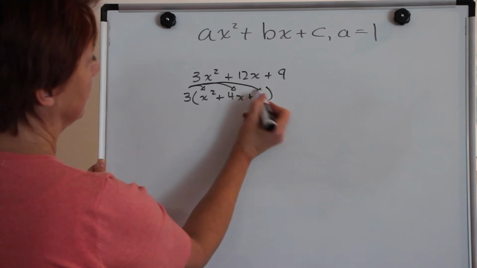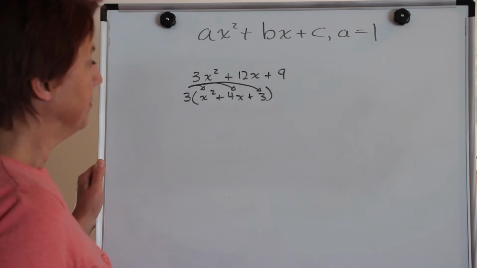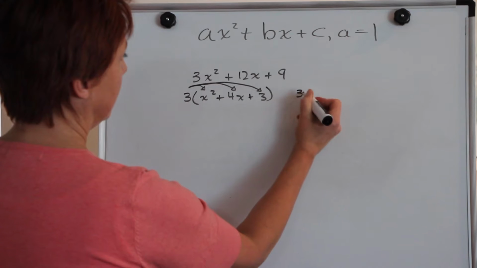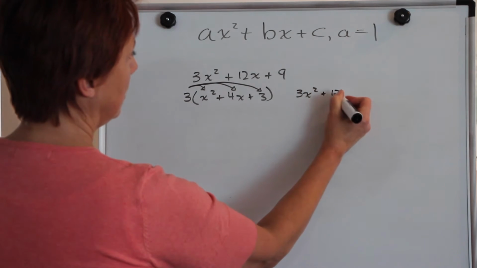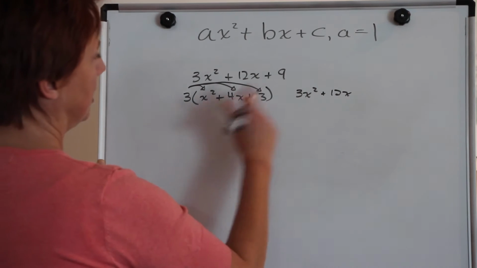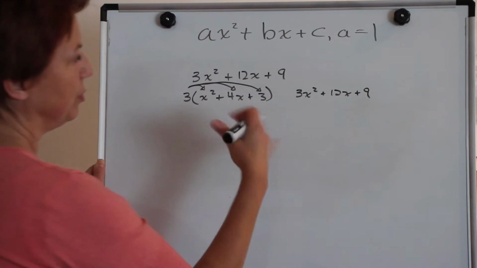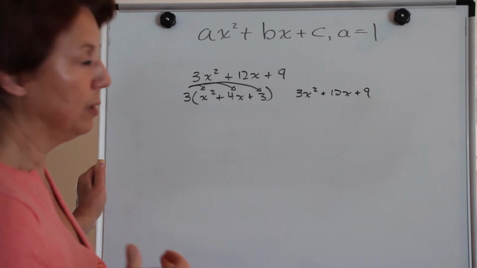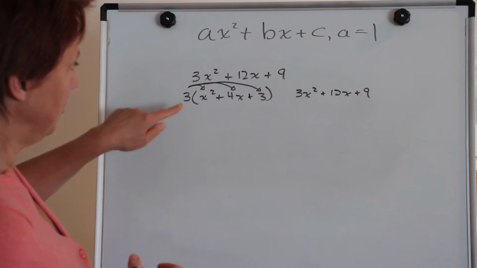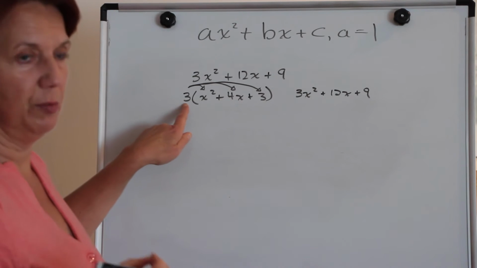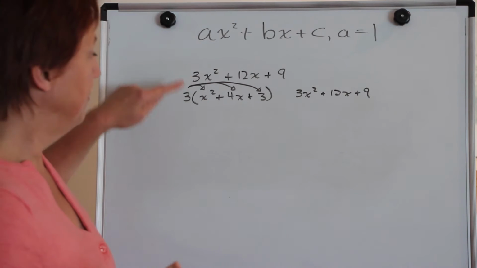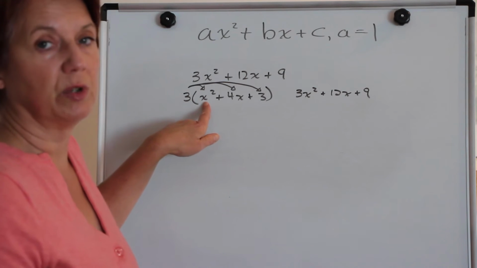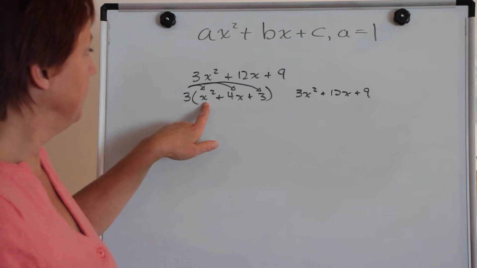Brackets mean multiply. So if we multiplied it out, we would have 3x squared, this times this, plus 12x, that times that, plus 9. Of course we don't want to go in that direction, but sometimes it helps to think: if I take out the 3, what would I have to multiply 3 by to get 3x squared? Because the answer is x squared, you know that's what goes inside the brackets in that position.